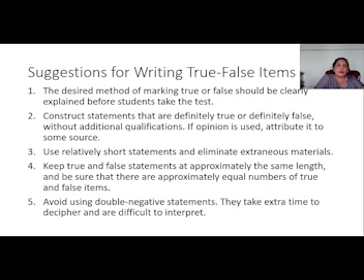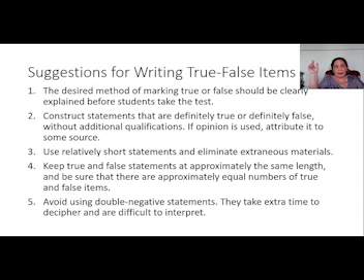Next, use relatively short statements and eliminate extraneous materials. So keep your statements in true or false short as possible. And for number 4, keep true and false statements at approximately the same length.